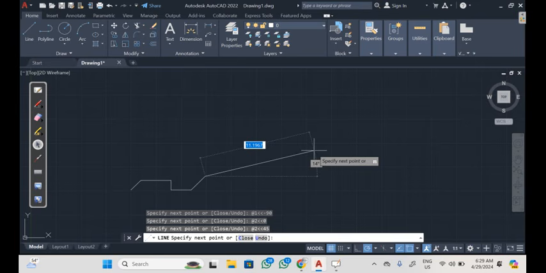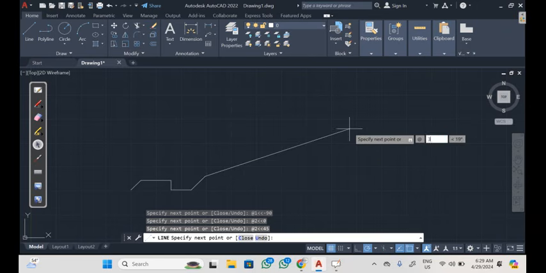Then 6 to 7 is at 3 with an angle of 90, meaning going up. Then 7 to 8 is at 1, with an angle of 180, meaning going to my left.